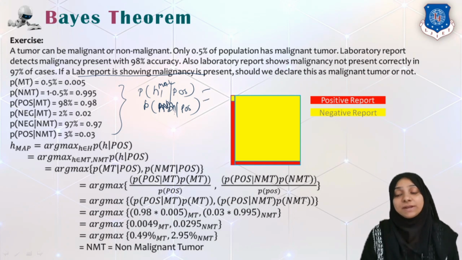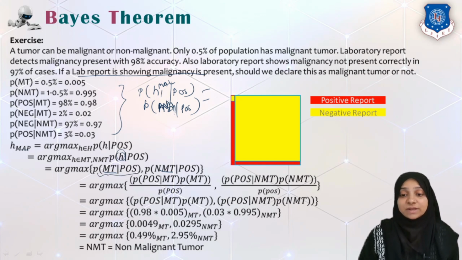We will calculate each of these, and whichever value is maximum will be our supporting hypothesis. So the final value is nothing but H MAP. H MAP is given as argmax over H of probability of H given positive result. Now there are two different hypotheses. The hypothesis can be malignant tumor or non-malignant tumor supporting positive lab test reports.